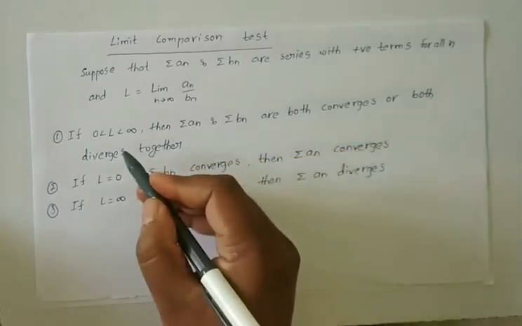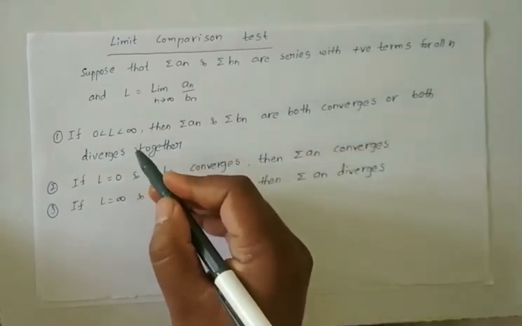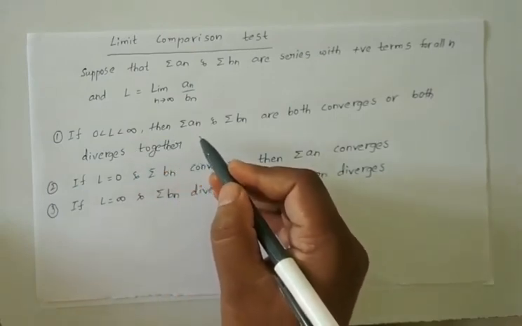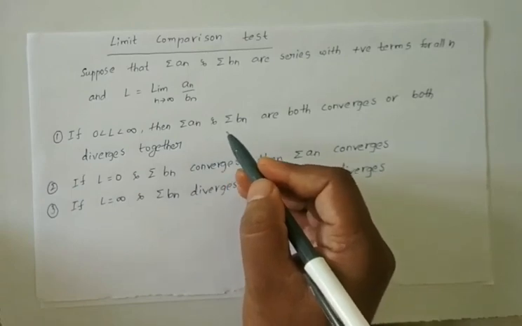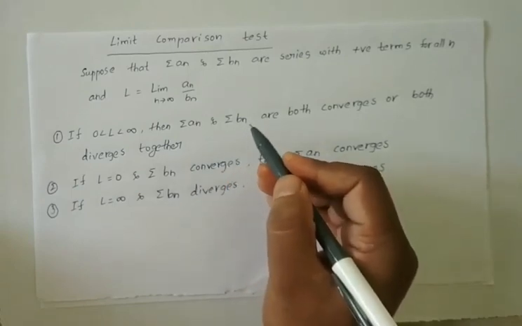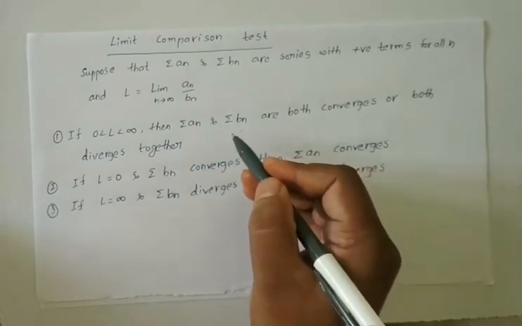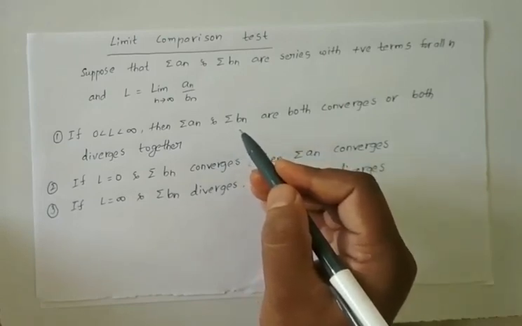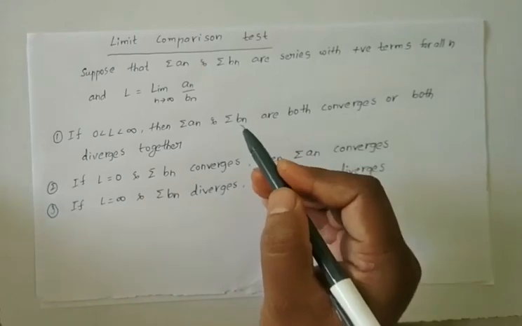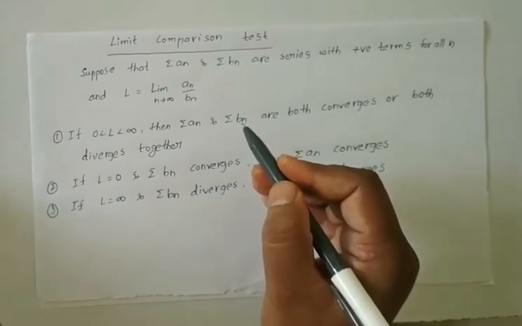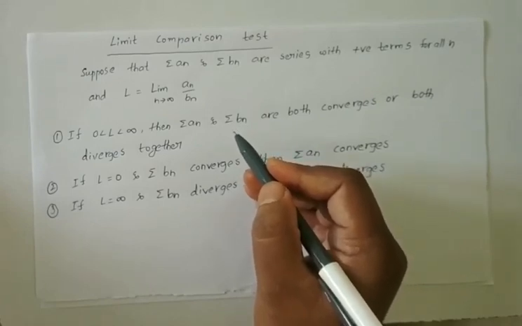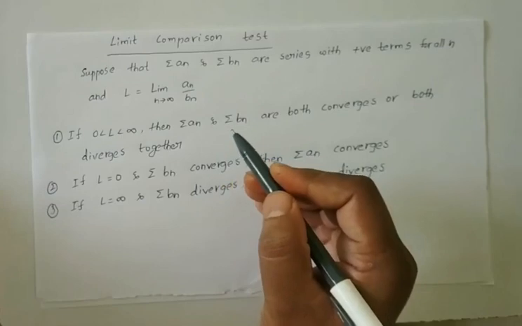If L is not equal to 0 and not equal to infinity, L lies between 0 and infinity.